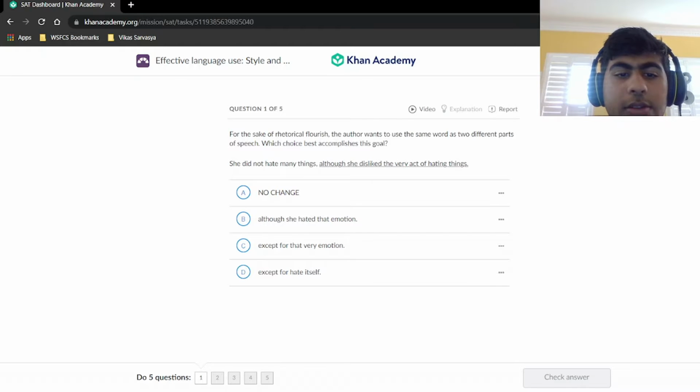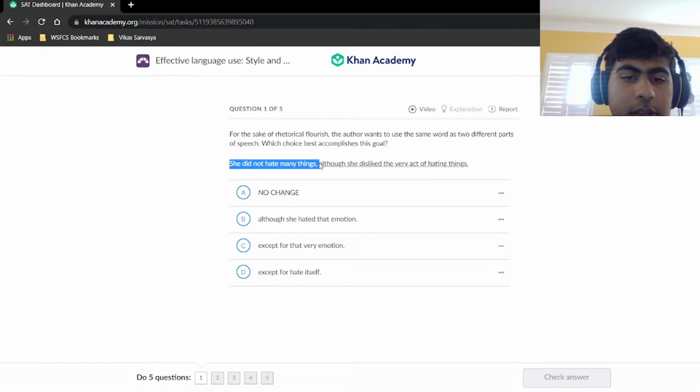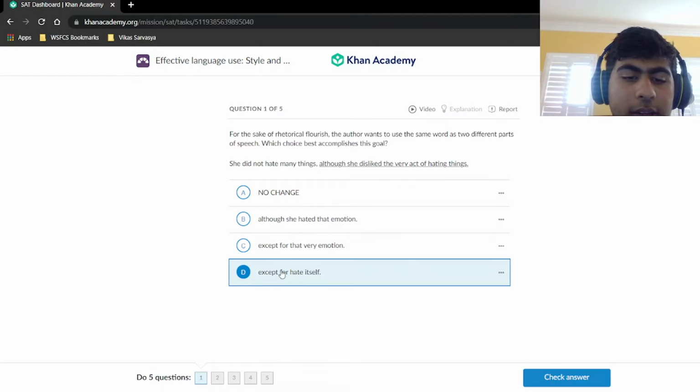Saying the author wants to use the same word as 2 different parts of speech. So when we see this, she did not hate many things, it makes sense that the word that's going to be repeated is something like hate, right? Because that is what the main message of this part is saying right here. So we see in answer choice D, we have the word hate. That's the only one that has the word hate in it. So if we pick this one, we say, she did not hate many things except for hate itself.